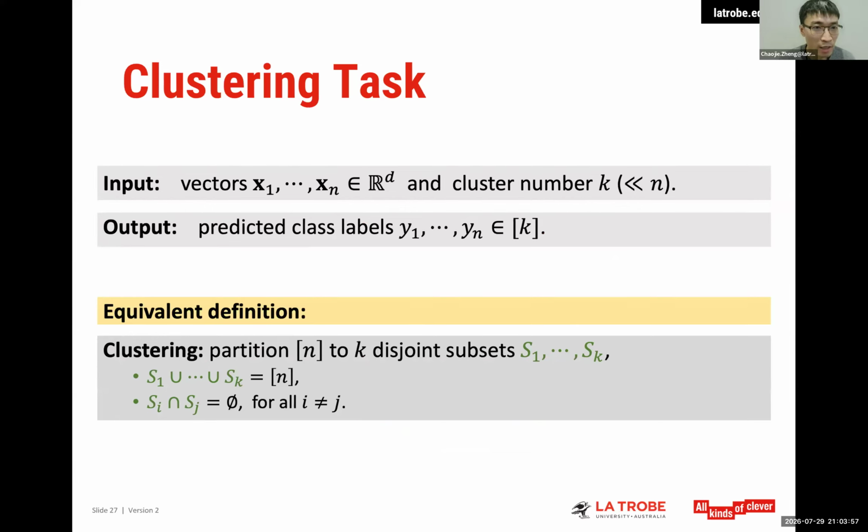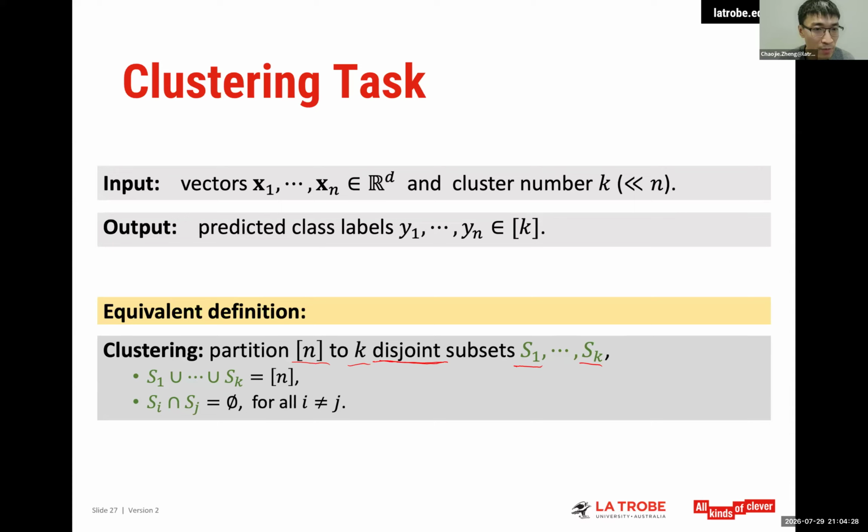And another equivalent definition is that the clustering task partitions the total n data points into k disjoint subsets, from subset S1 to Sk. The important thing is disjoint subsets.